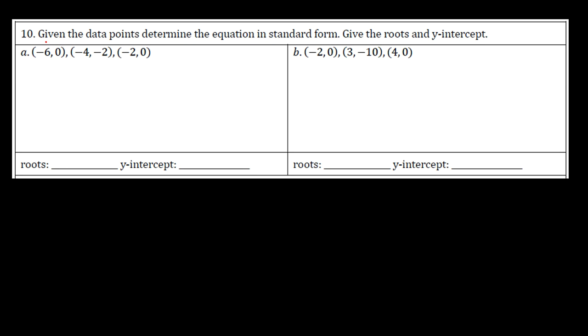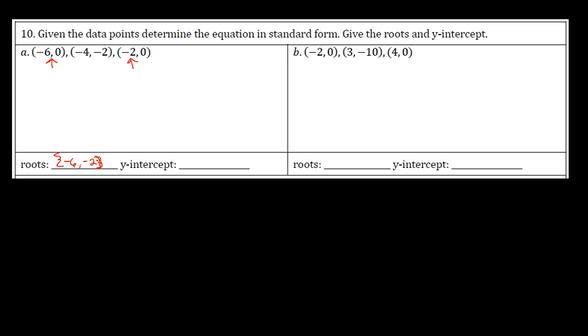Okay, number 10, given the data points, determine the equation in standard form. Give the roots and the y-intercept. So instead of it being in a table like you're used to, I'm just giving it to you in a list. So these are my roots. So I have -6 and -2.